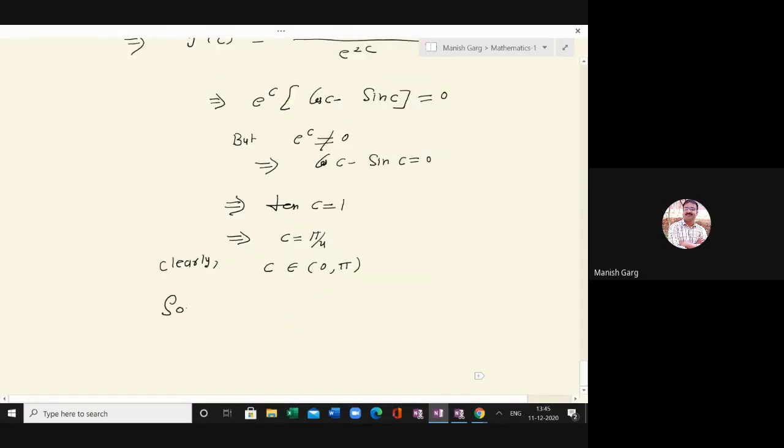So Rolle's theorem is verified. So this is all about Rolle's theorem. Is it clear? If anybody has a doubt, ask me. Otherwise, today's lecture is over. In the next lecture, I will tell you the mean value theorem, Cauchy, and then local maxima.